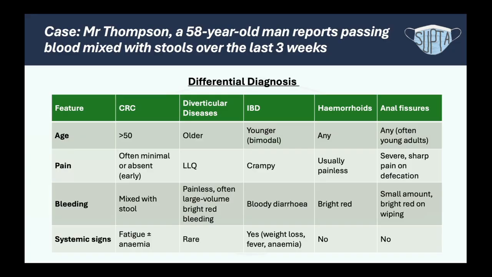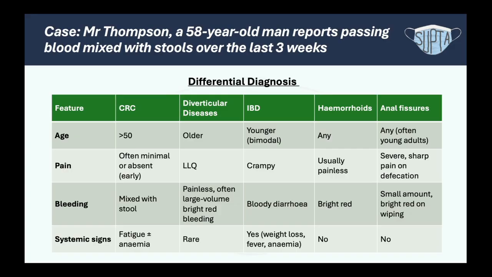Another important distinction from Mr. Thompson's symptom is that hemorrhoids generally don't cause blood mixed with stool, but usually it coats the outside. So it's unlikely to be the case here for him. There are no systemic signs unless there is extremely severe and prolonged bleeding, which is rare.